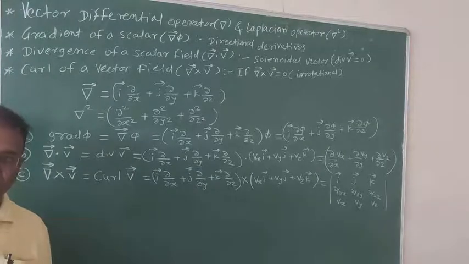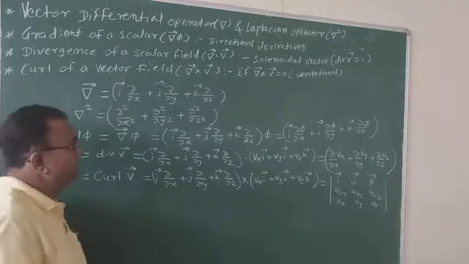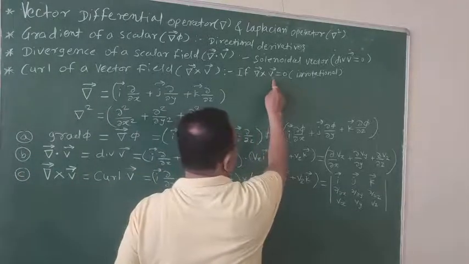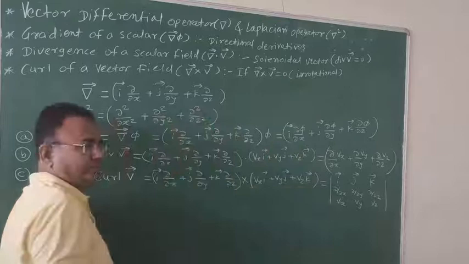And if the vector field has del cross V equal to 0, that vector field is called an irrotational vector field.